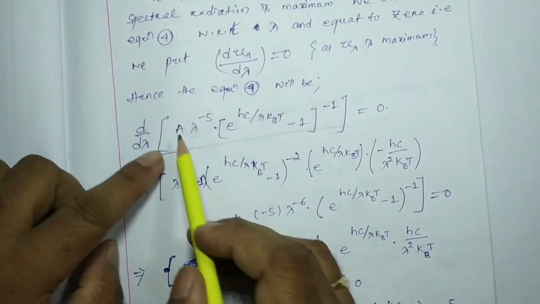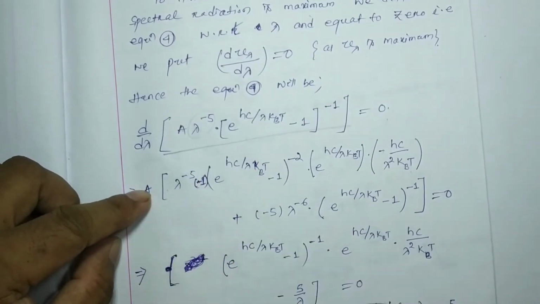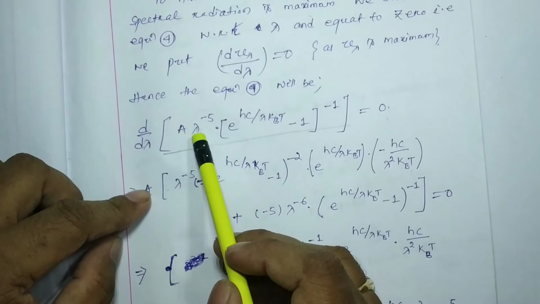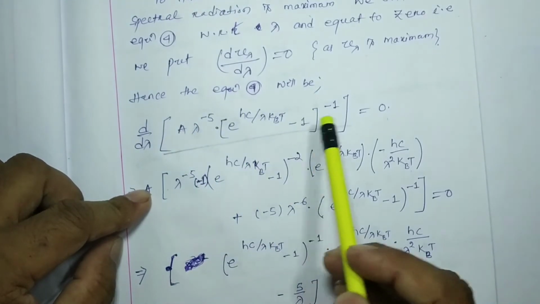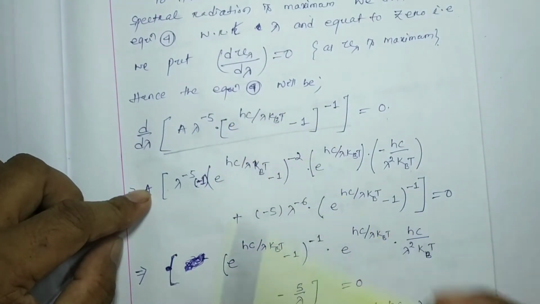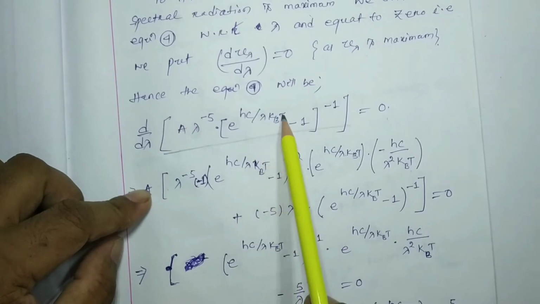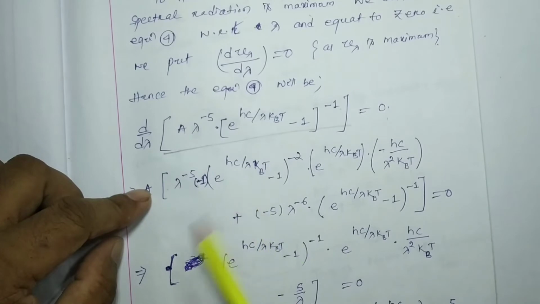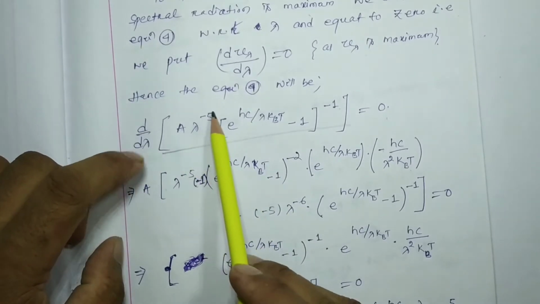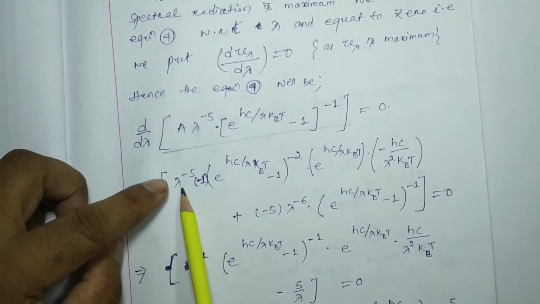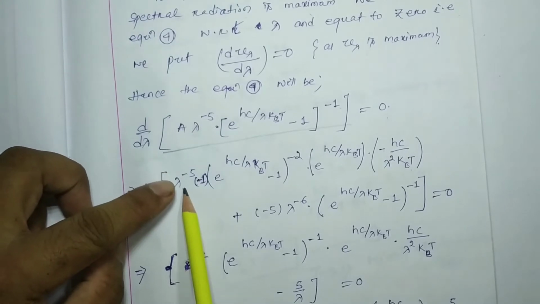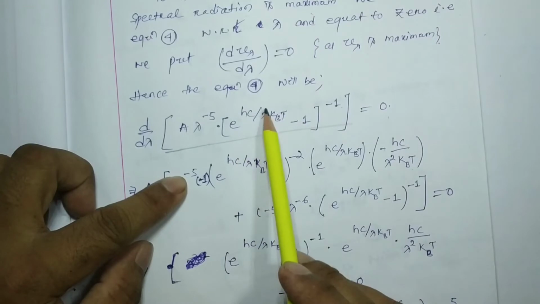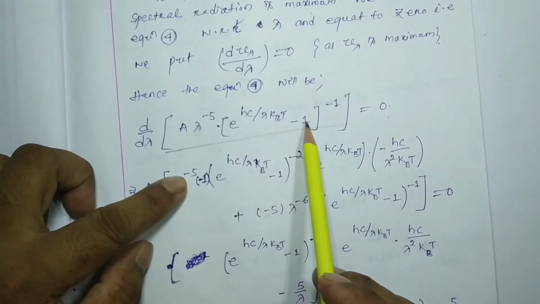So here we are going to use the product rule for the derivative. Here A is a constant taken outside, and we consider two functions: lambda to the power 5, and the other function, e to the power hc by lambda kBT minus 1, to the power minus 1. So first we consider this as the first function, put as such, then differentiate e to the power hc by lambda kBT minus 1 to the power minus 1.